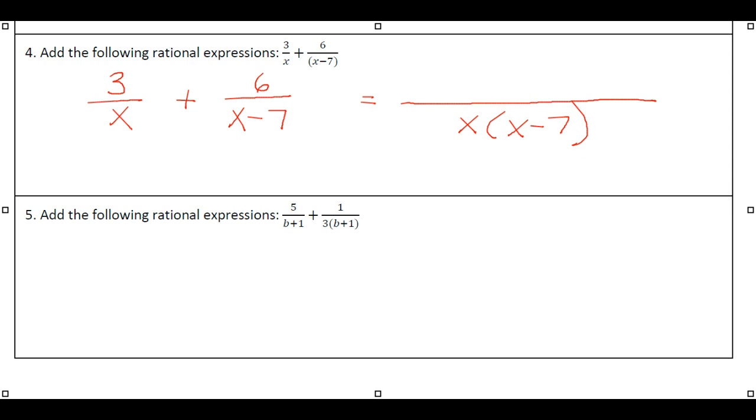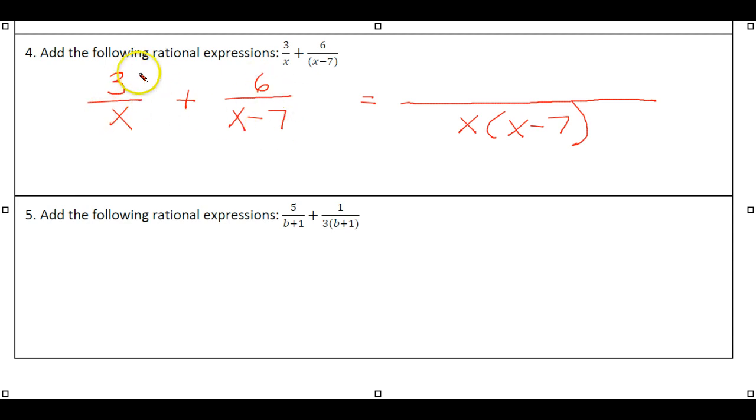So I've set up example 3 here. Again, what would our common denominator be? Because we're going to add these. Well, we just multiply them, and that's usually a good bet. And that happens to be the least common denominator. So again, we're allowed to multiply each of these by a 1.